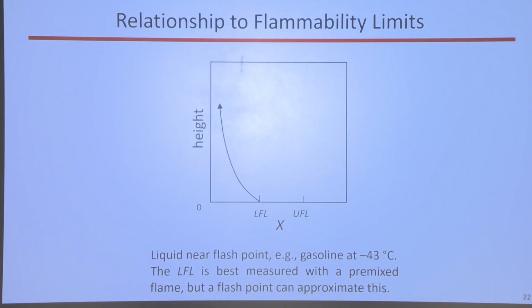It's right on the fuel surface, and the concentration looks like this. So at the fire point, the concentration of your fuel just above the liquid surface is at the lower flammability limit. So if you measure the fire point or the flash point, either one, then you can estimate the lean flammability limit from this method. And so I'll talk about that in the next few slides.